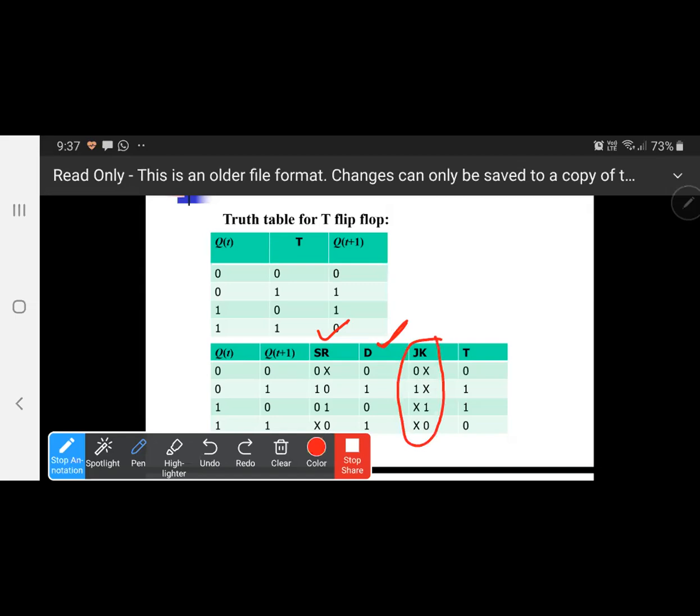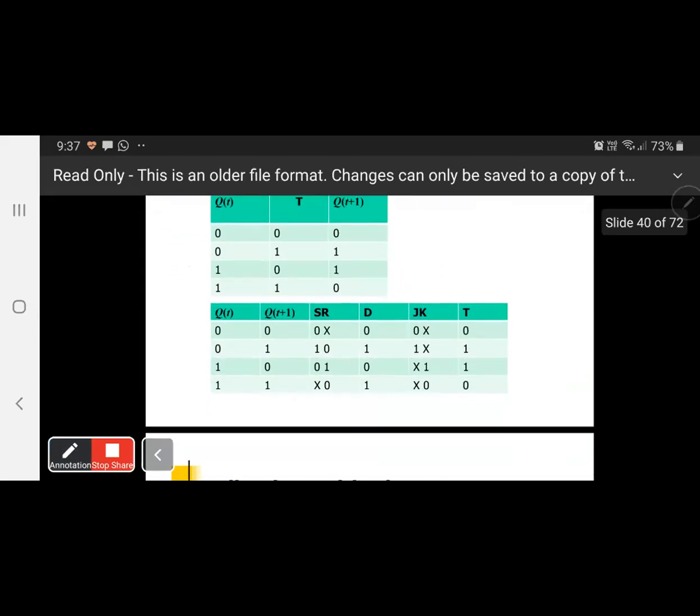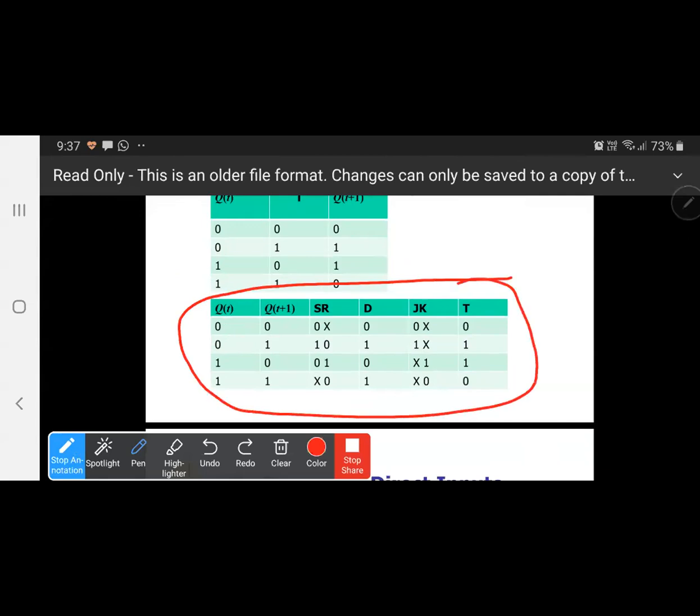And for T, it will be the XOR: 0, 1, 1, 0. So this is called excitation table. You should always remember these things. Anyone has any question, any doubt?